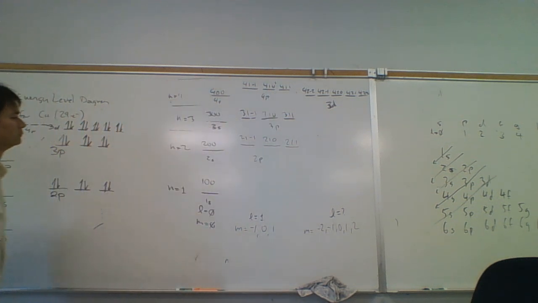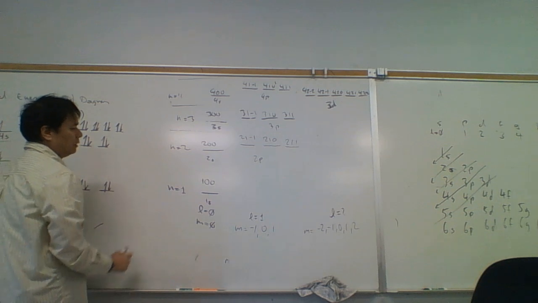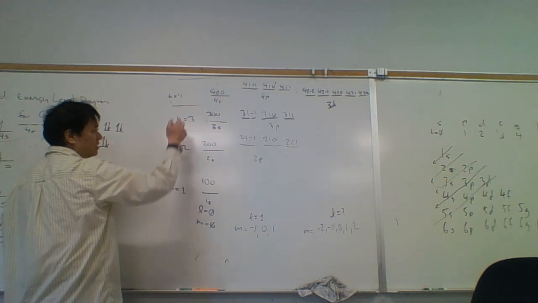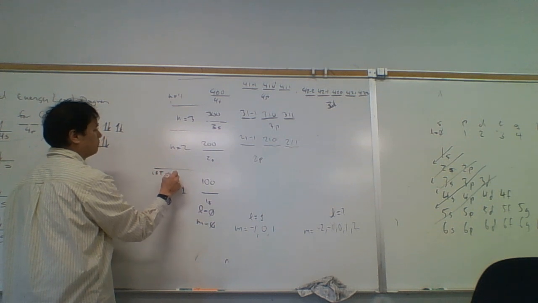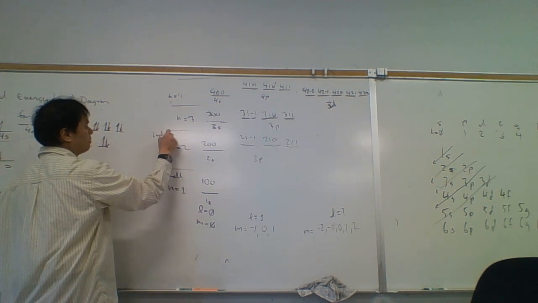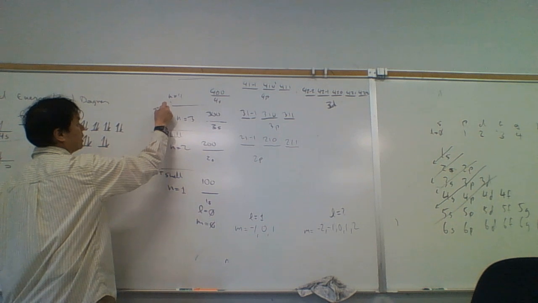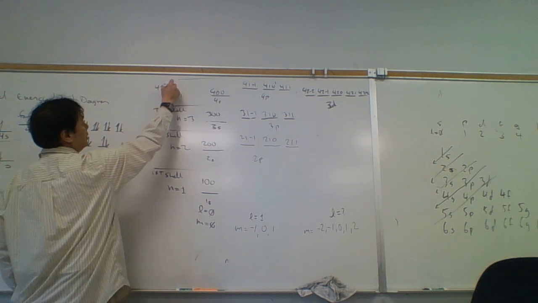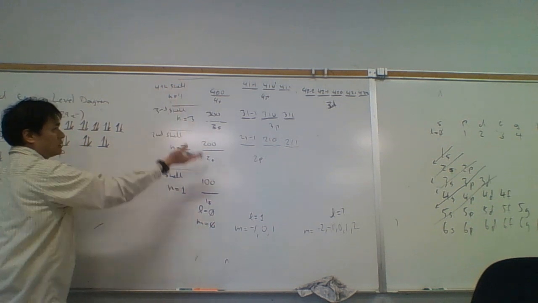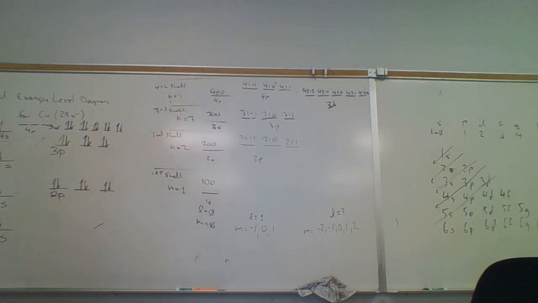So again, since things get mixed up a little bit here, we've got the first shell, the second shell, the third shell, the fourth shell. All right, you need to be able to draw this diagram up through the fourth shell.